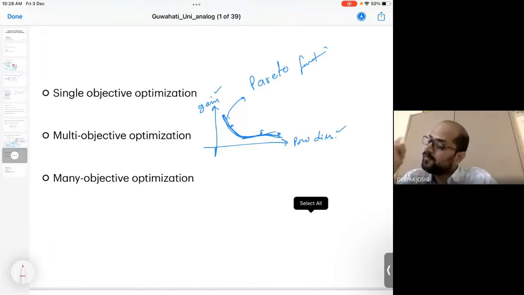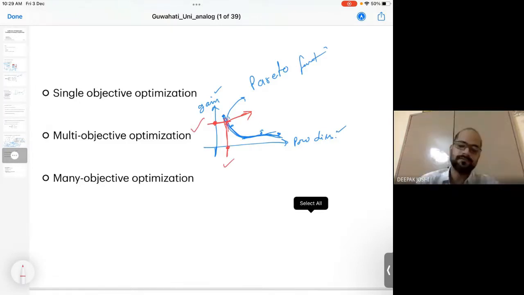But no. Why not? Because for a particular gain and a particular power dissipation we are looking at, this point is the most optimal solution in that situation. That is the idea of the Pareto point or the Pareto solution.